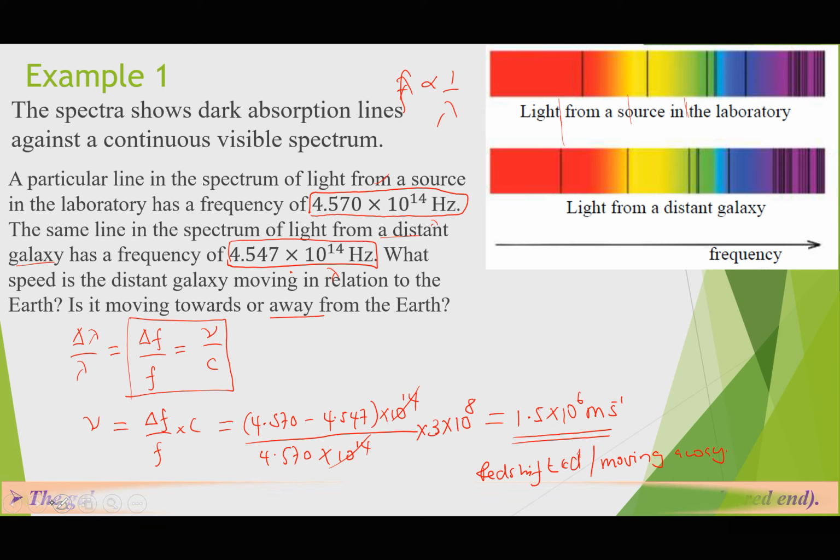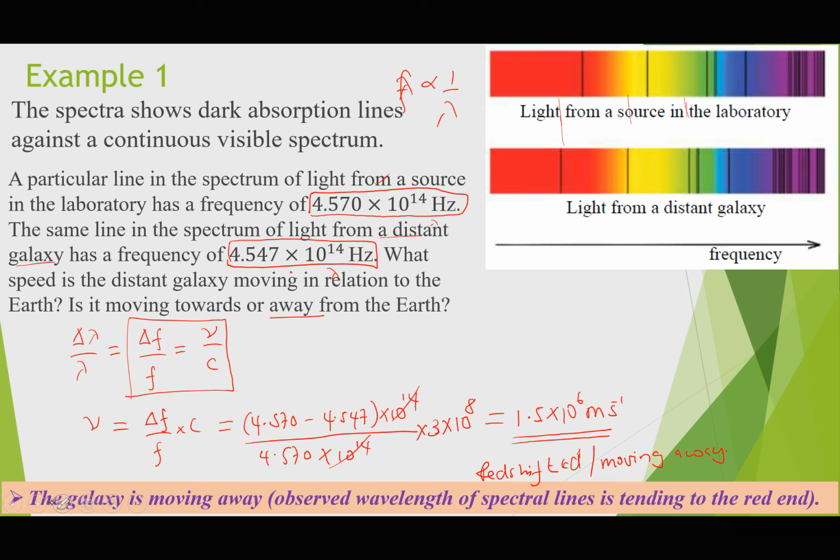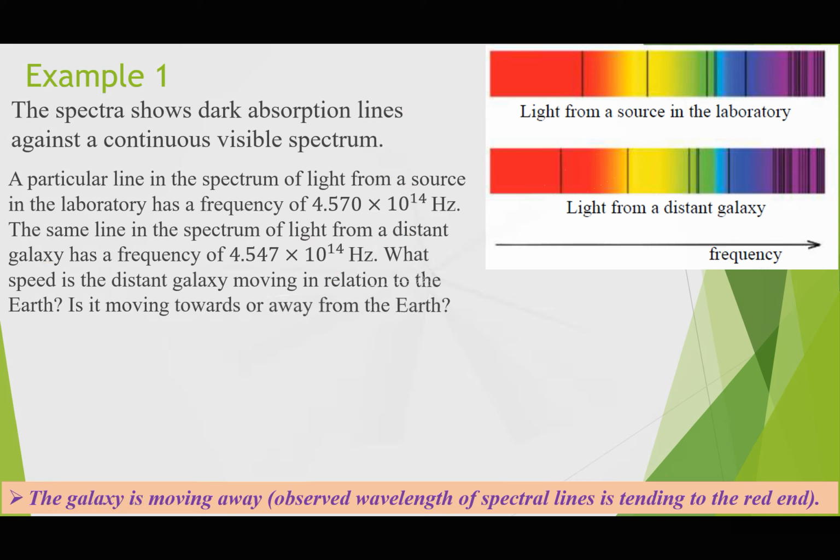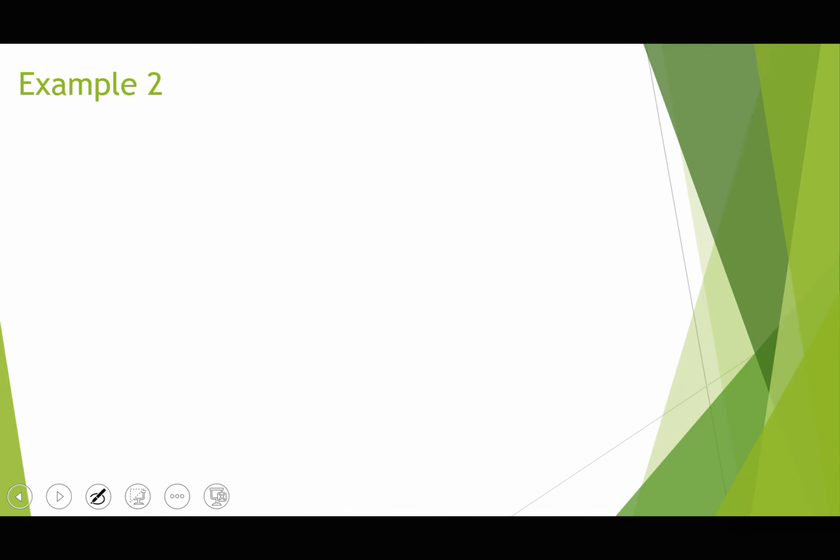Okay. Example number 2. So the galaxy is moving away. The observed wavelength of spectral lines is turning to the red end of the visible spectrum.